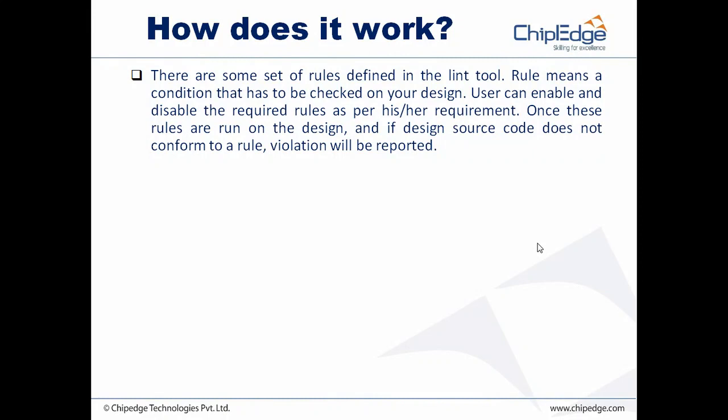It will show that this particular rule is not satisfied, so this is the issue. The violation can be of different types, and they categorize the severity of the particular issue. We'll discuss in later stages how they are divided based on issues.